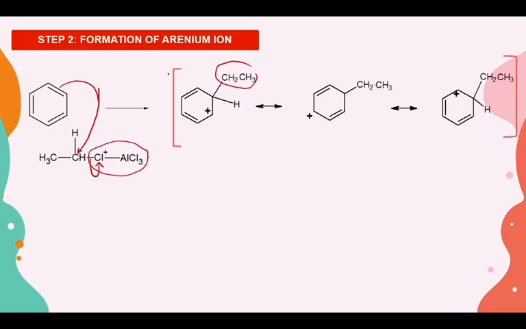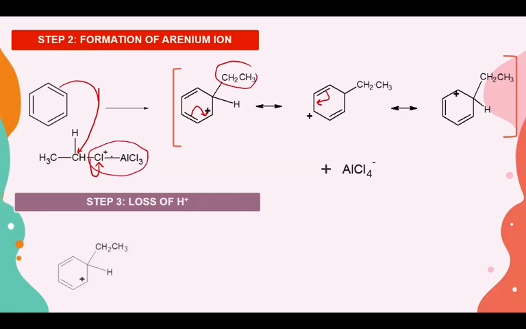We will have our resonance structures. This pi electron will move here, we get the second structure. This pi electron moves here, we get the third structure. And AlCl4 minus comes from the breaking of the CCl bond. Now we go to step 3, loss of H plus.